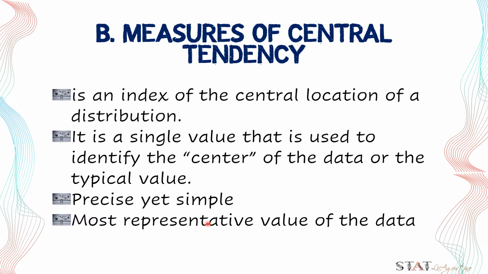Your friend would not tell you that some are 20,000, some are 3,000 only, some are 50,000, some are 60,000. But just giving you the average value, you already have an idea of the amount you are going to prepare. That is the use of measures of central tendency. It gives you a single value, a typical value or the center of the data. By just giving you a single value, you already have an idea of your data.